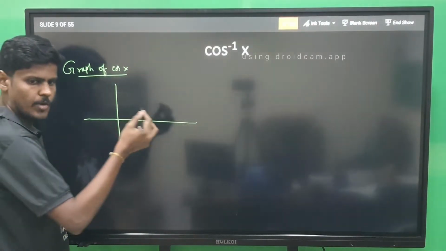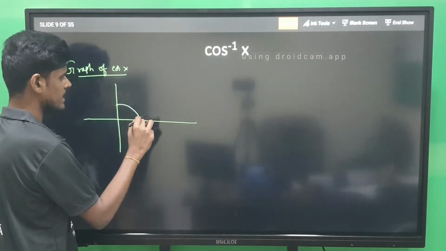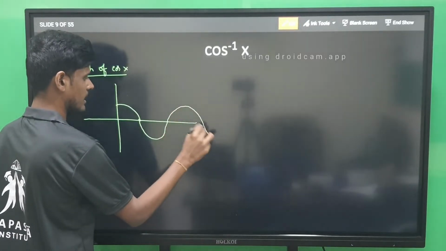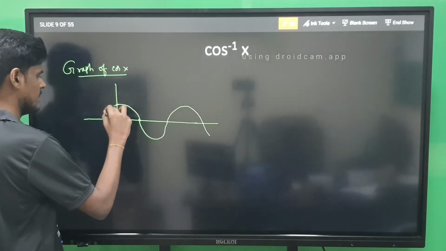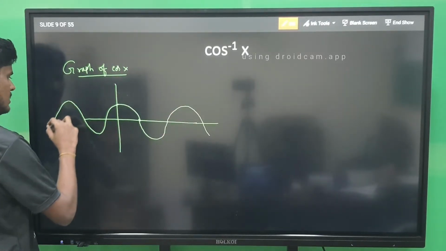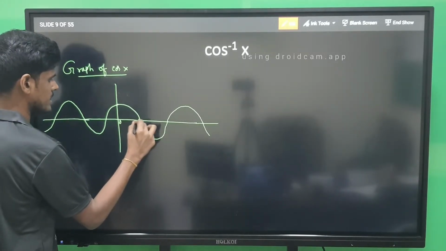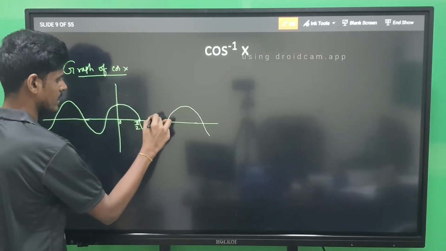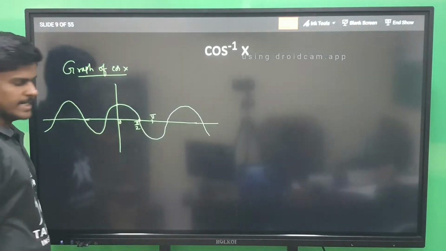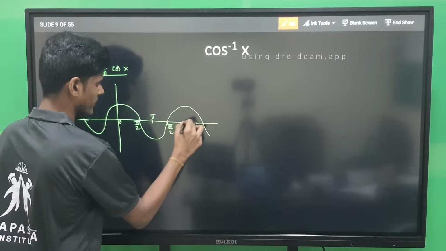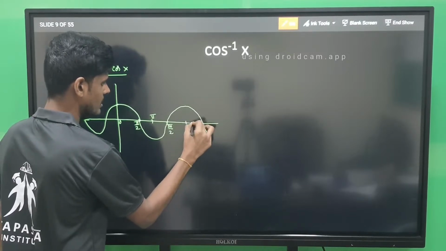Cos 0 is 1, cos 90 is 0, then minus 1, then 0, the graph goes on like this. Similarly in the negative x-axis, it goes on like this. What is the value? 0, 90 degrees, that is pi by 2, 180 degrees, cos 180 is minus 1, cos 270 is 0, cos 360 is 1.